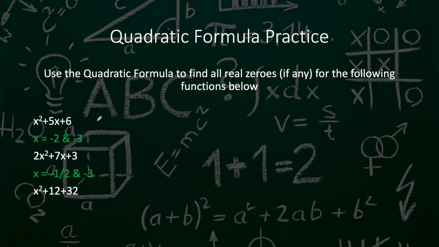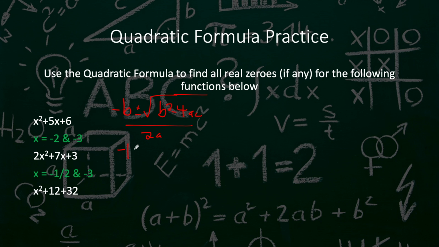Okay, last one. This is also in standard form, so we can just go straight to the quadratic formula: -b plus or minus the square root of b squared minus 4ac, all over 2a.